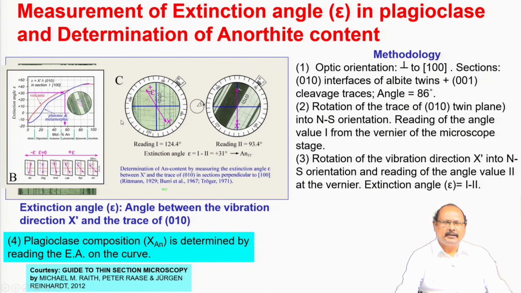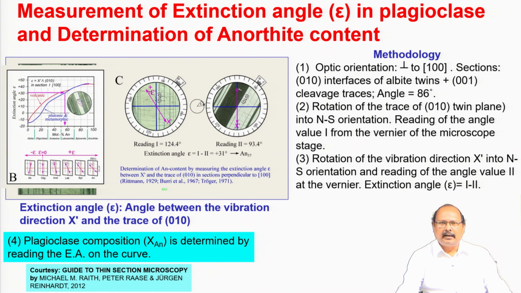So, this is the way you can use the extinction angle in plagioclase to know its chemical composition. In a nutshell, I summarize that we can use the optical indicatrix to identify three classes of minerals, isotropic, uniaxial and biaxial minerals, and how the indicatrix can give us an idea that under different optic orientations there will be different optical properties, particularly in relation to the birefringence values.